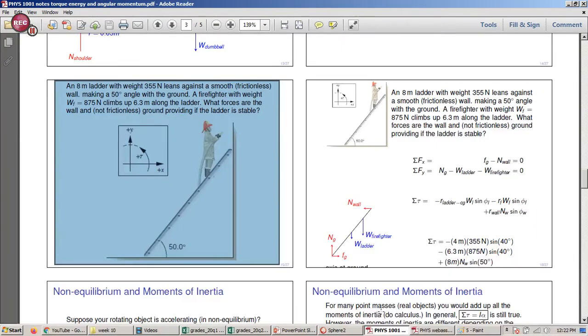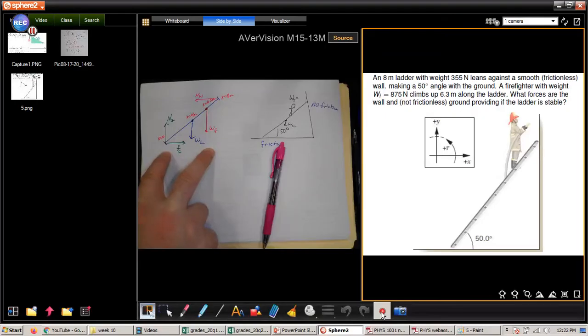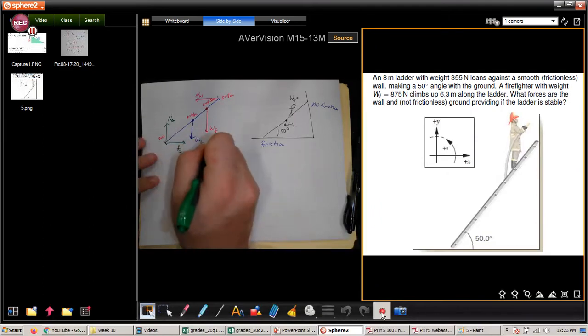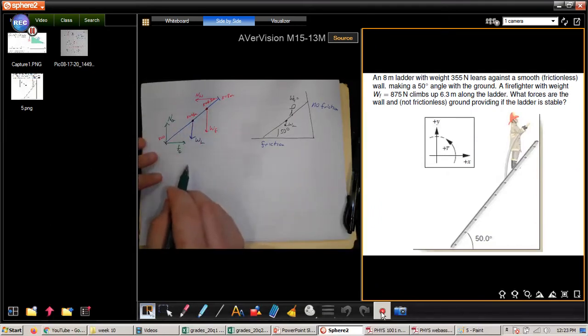If you look through the notes, this is what I've drawn out eventually in the notes. Then we have to solve and figure out what all the torques and forces are. We have a bunch of stuff we don't know. We know the weights, and we don't know any of the normal forces or friction forces. So we can come up with some expressions. The sum of the forces in the y direction: what's in the y direction?